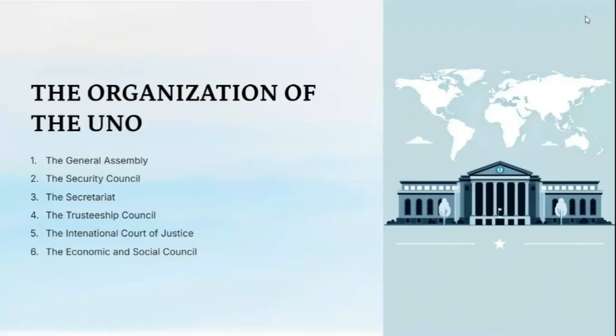Now, the organization of the United Nations Organization. They have the General Assembly, which is made up of all member states. Now, what's the purpose of this General Assembly? They promote peace and security, and economic advancement.